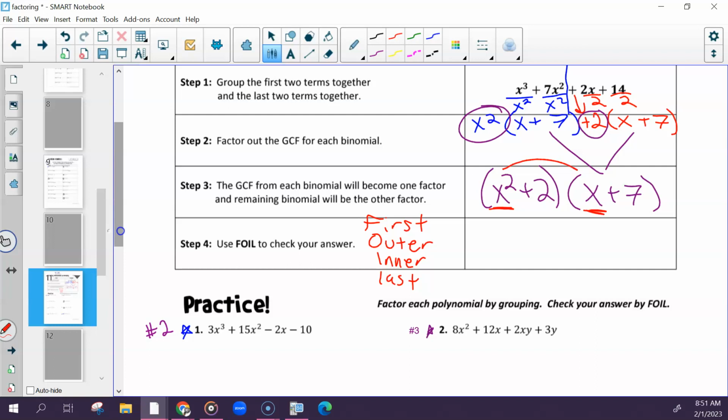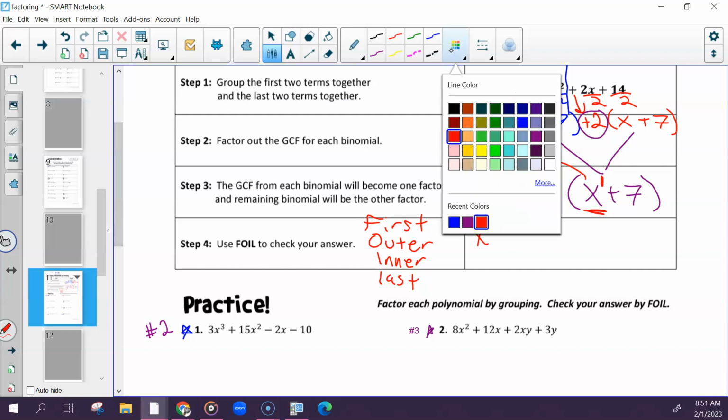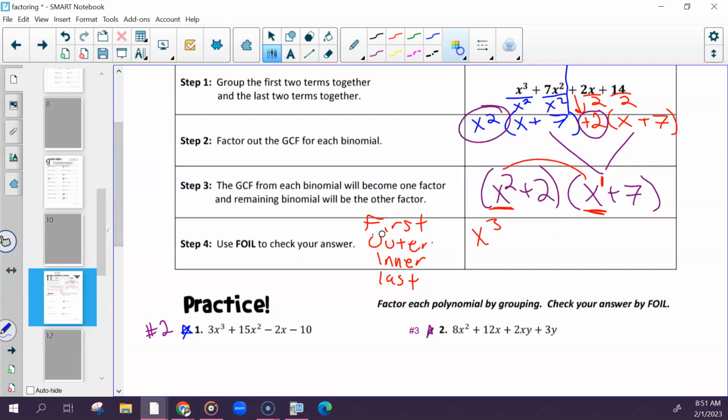If we multiply those together, remember we're adding our exponents, so that would give us x to the third. I'm going to change these colors so you actually see what I'm looking at. The outer would be x squared and 7. If we multiply those together, we would get what?